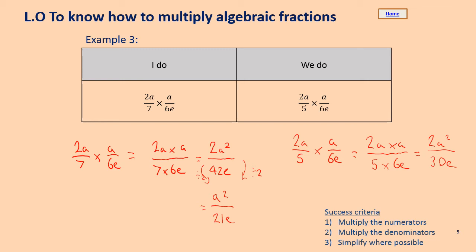So divide both top and bottom by 2, we're left with a squared, or 1a squared on the top, and 15e on the bottom, and that's my answer. Really well done if you got this question correct.